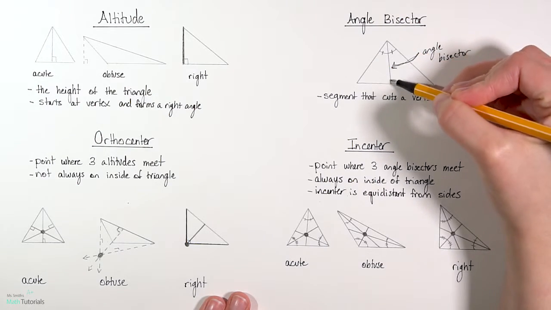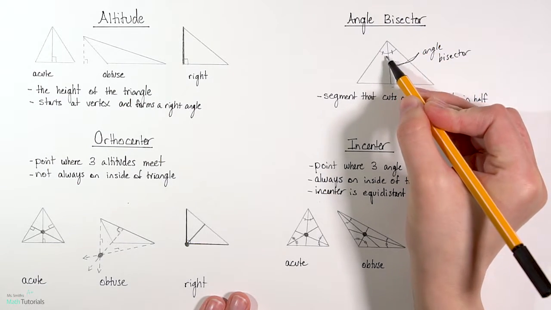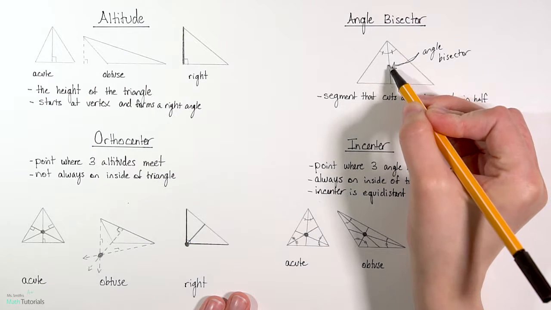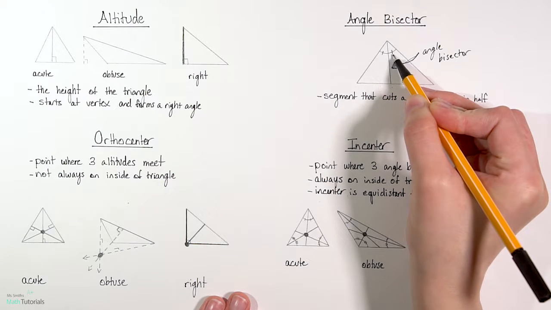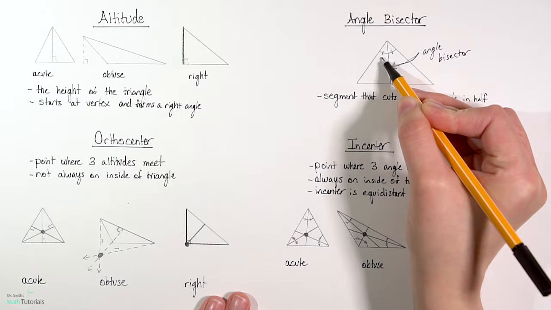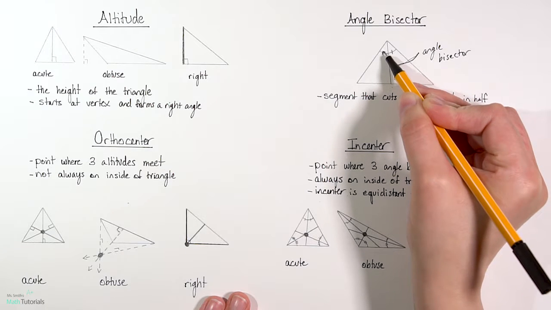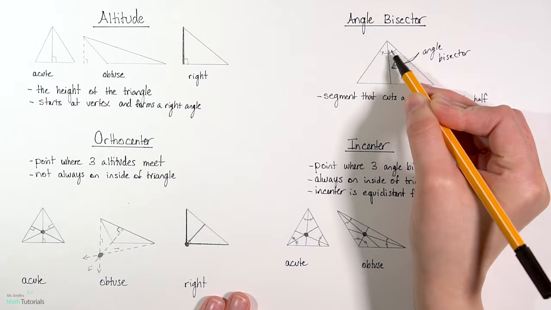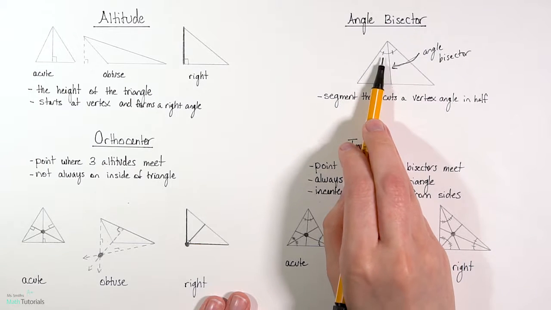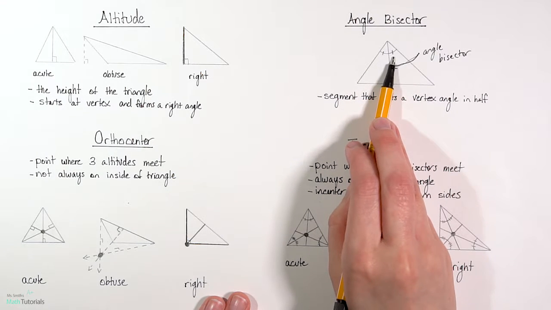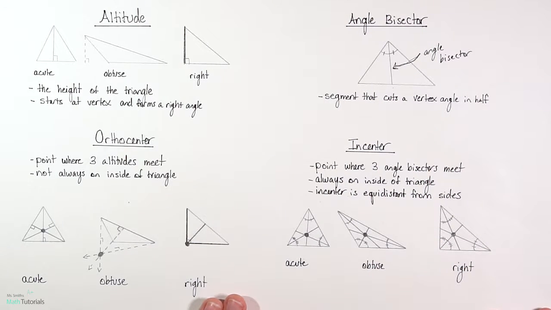But notice what it's doing. It's taking this angle and it's cutting it perfectly down the center so we end up with an equal part here, and here. And we see that with the little angle with the tick mark. What it's saying is that that angle degree is going to be the same value as that angle degree. So these, again, are pretty easy to identify.